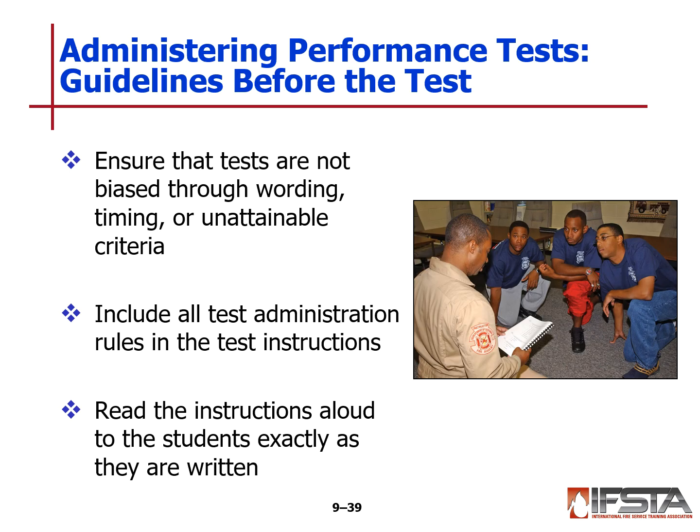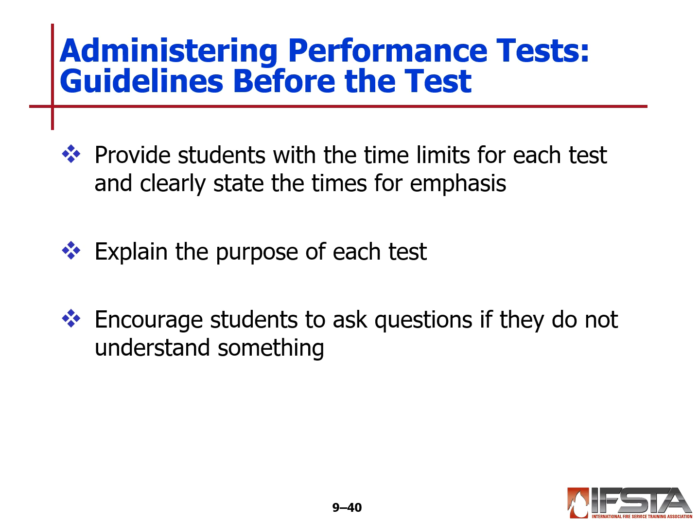Read the instructions aloud to the students exactly as they are written. Provide students with the time limits for each test and clearly state the times for emphasis. Explain the purpose of each test. Encourage students to ask questions if they do not understand something.